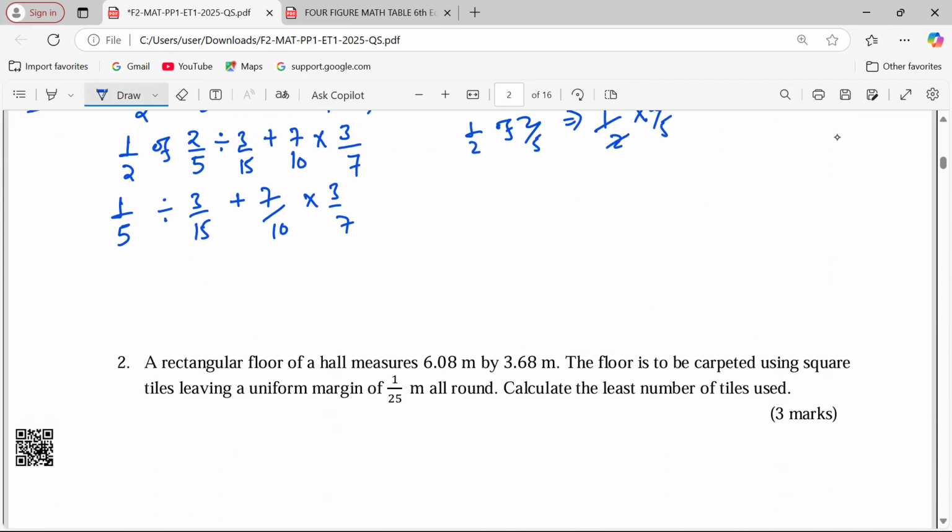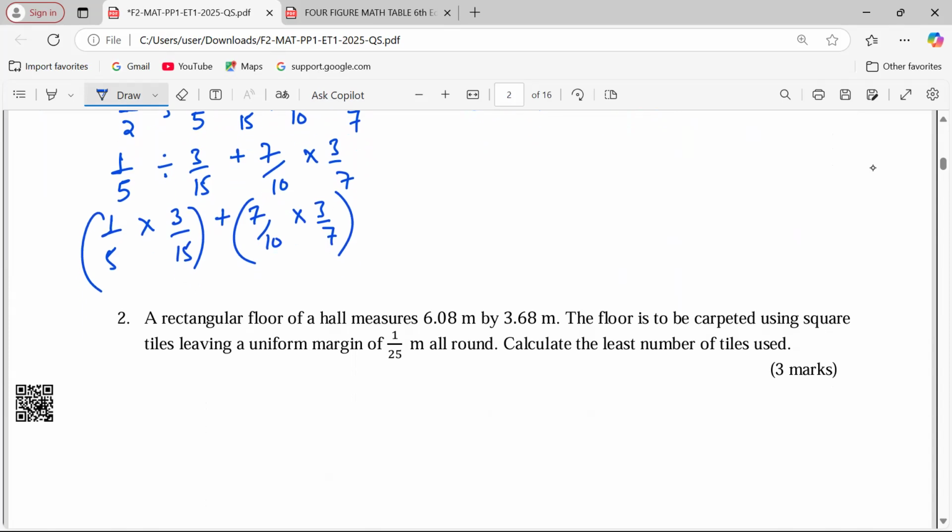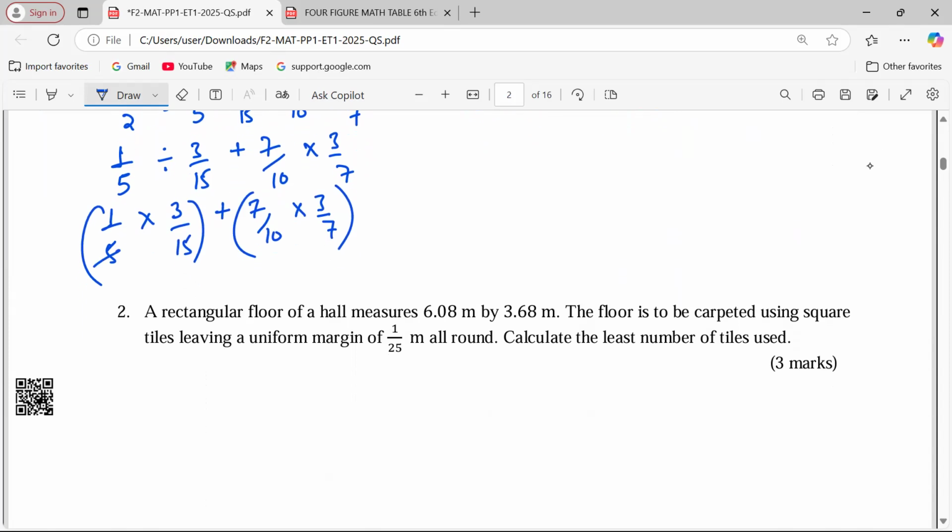At this point, because we are done with brackets and of, the next thing shall be division. When we are dividing 1/5 by 3/15, that means multiplying by the reciprocal. Then we have plus 7/10 by 3/7. So we can work out this side, then this side, and add. This is going to be 3/45. Not really. I think a 3 can simplify, then this becomes 5.